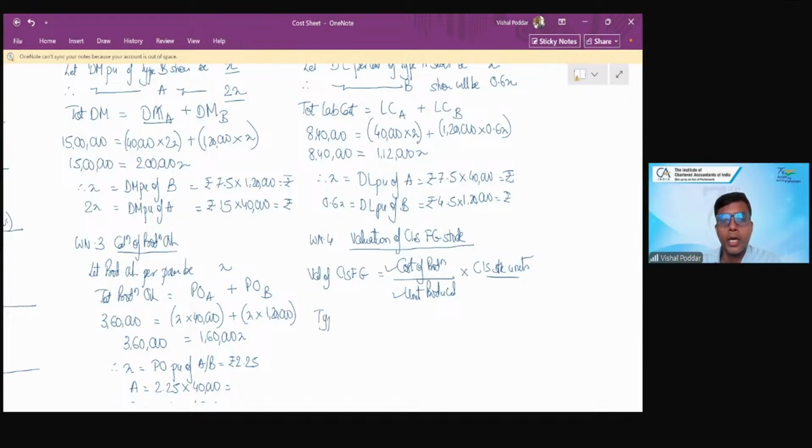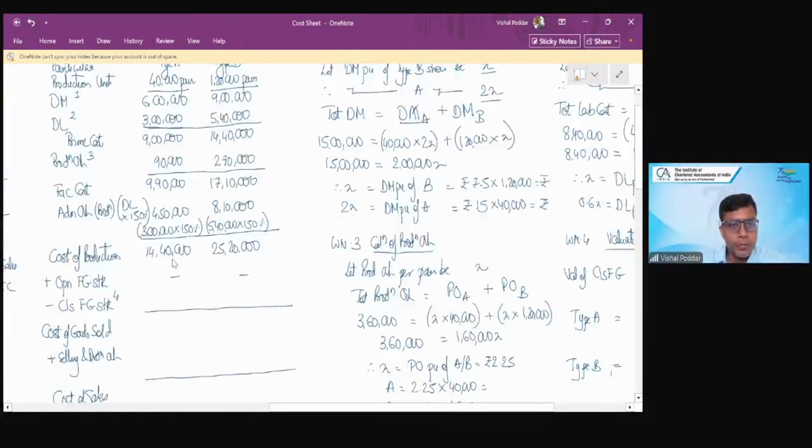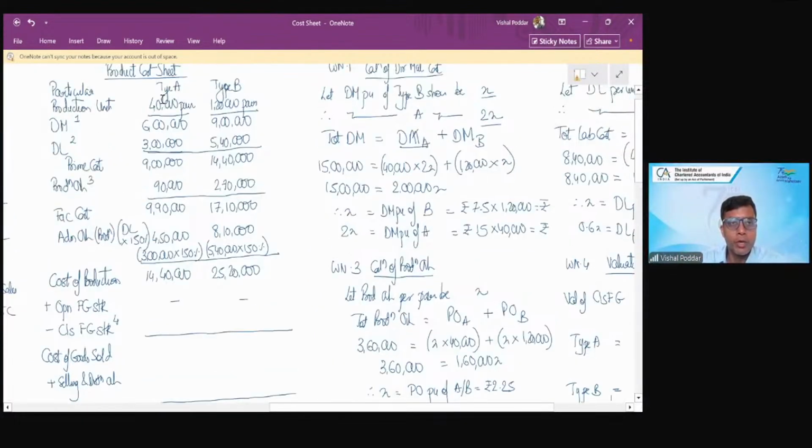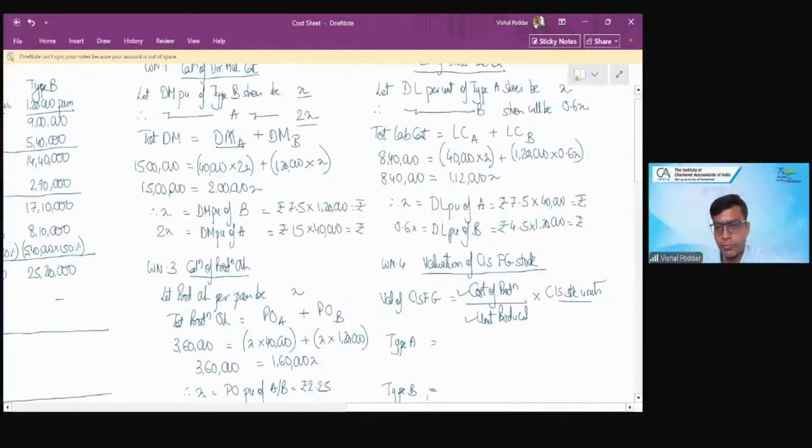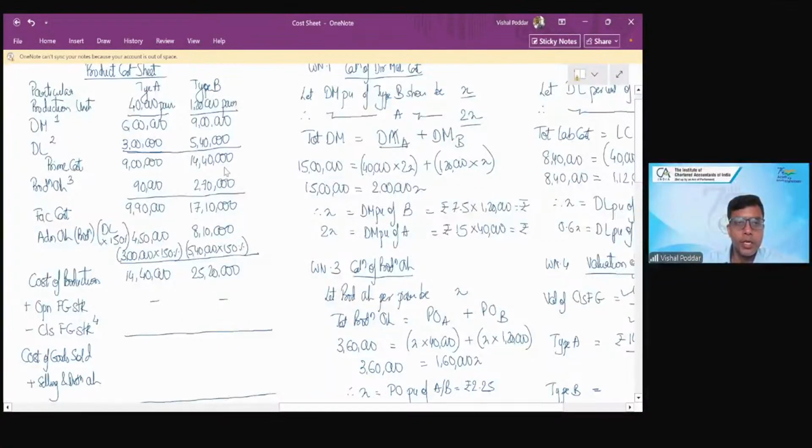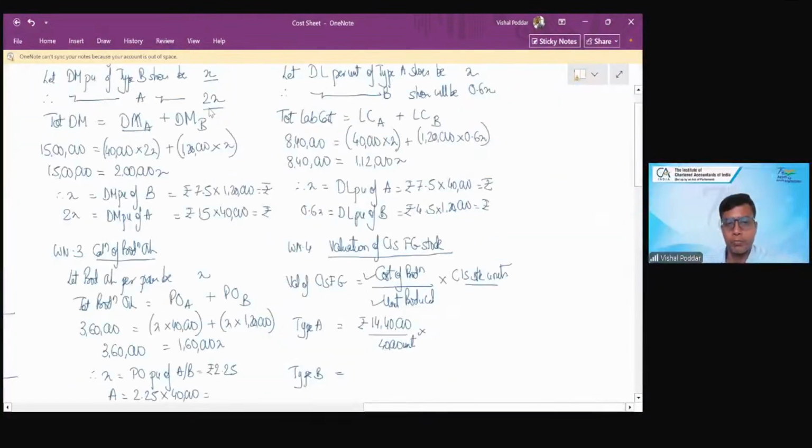So type A, type B. So what are the details? The cost of production is 1440. Production units are 40,000. And here it is 2520 and production units are 120.